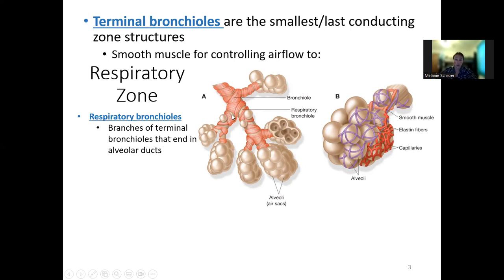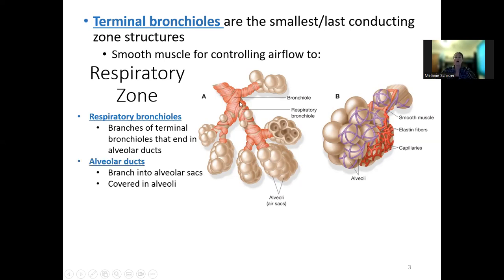The terminal bronchioles give way to the respiratory bronchioles. We can see that there's a little bit more space in between the straps of muscle, as we can see here. And so we actually have a little bit of gas exchange, a little bit of oxygen creeping across the membrane out into the blood, which would be over here. So the terminal bronchioles do not allow gas exchange; the respiratory bronchioles absolutely do.